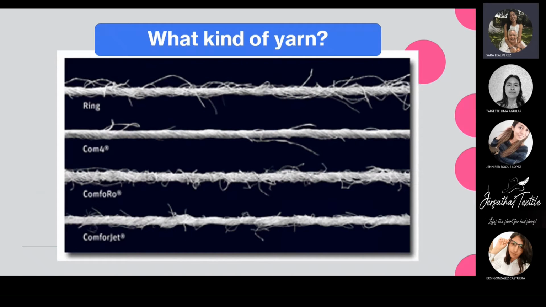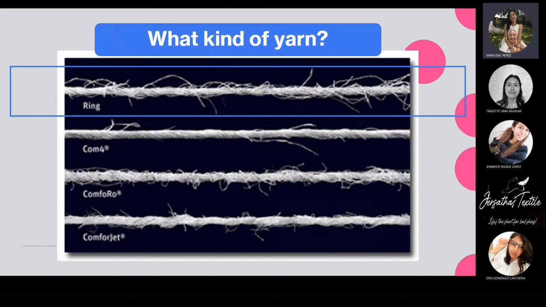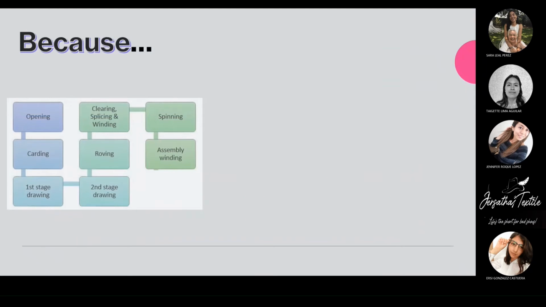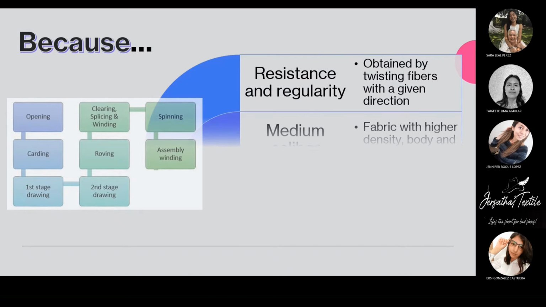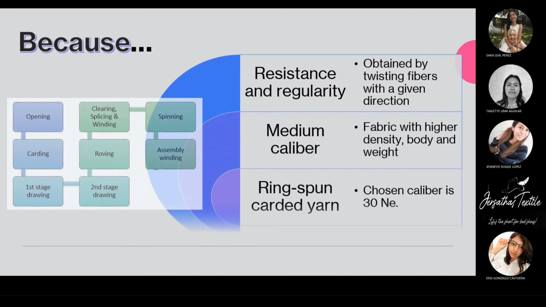The yarn will be a ring yarn made of carded cotton. And it is a 30 English number, so why must it be coarse? Because we need a yarn with strength and a regular surface. We want the fibers to stay together for a long time, and if we were to use open-end yarn, which has false twisting, we may run the risk of the yarns breaking and ending up with holes in the fabric.